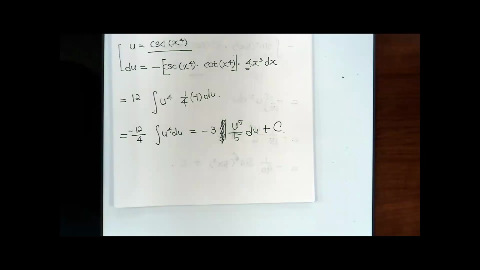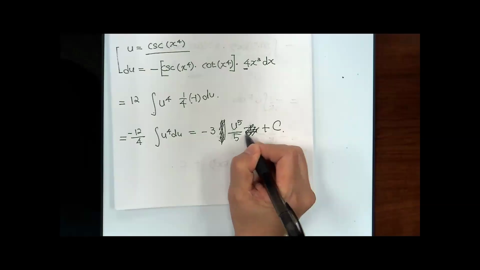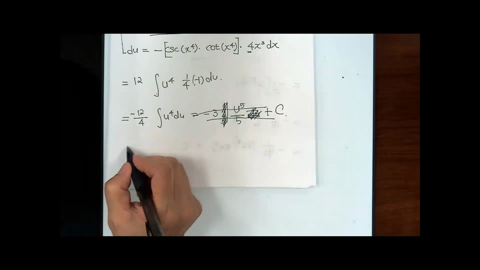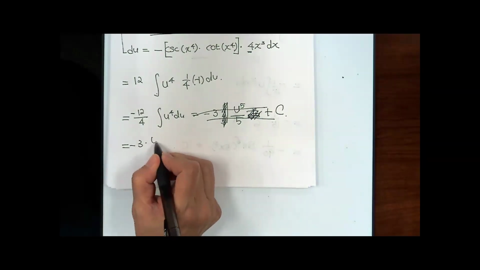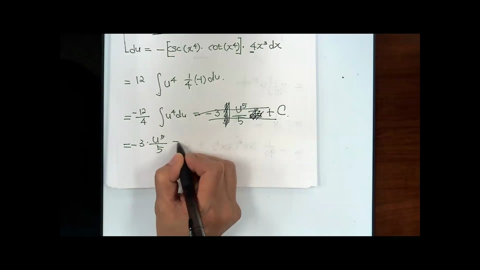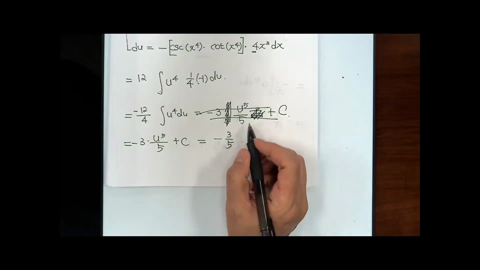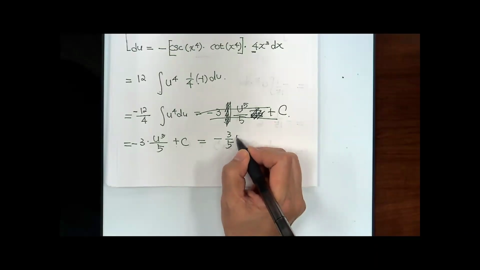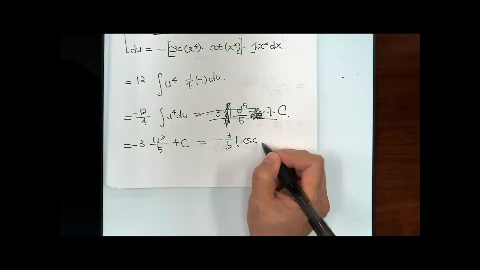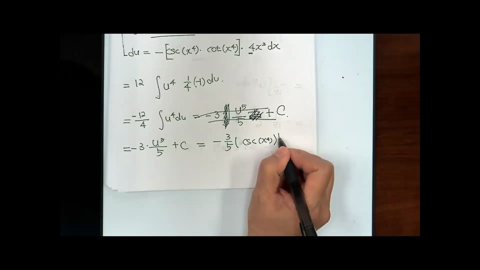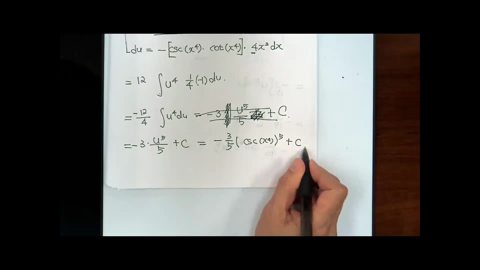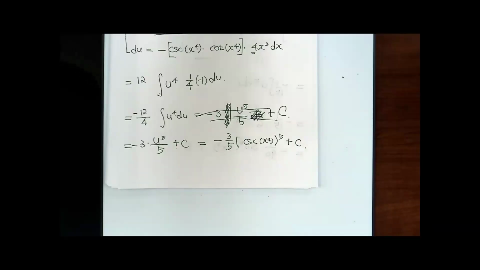Integration of u to the fourth power is u to the fifth power over 5 plus c. Let me write down again. That is -3 times u to the fifth power over 5 plus c. So that can be rewritten as -3 over 5 times u to the fifth power. U was cosecant x to the fourth power, so cosecant of x to the fourth power to the fifth power plus c. Do you have any question?